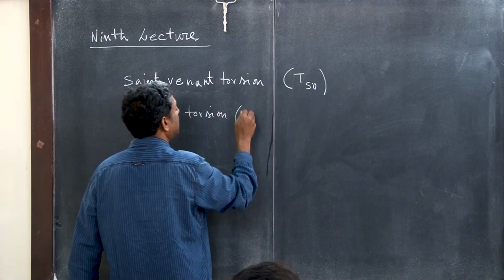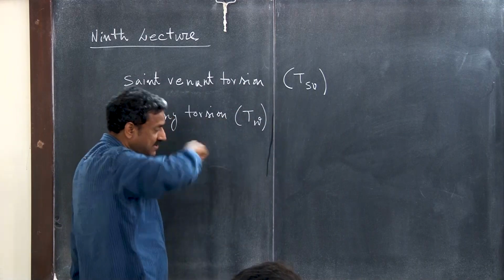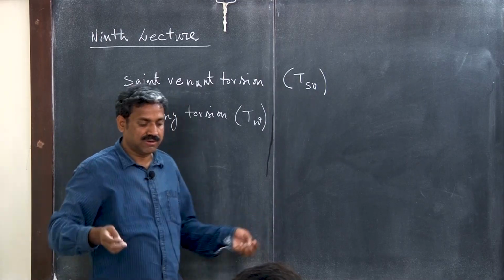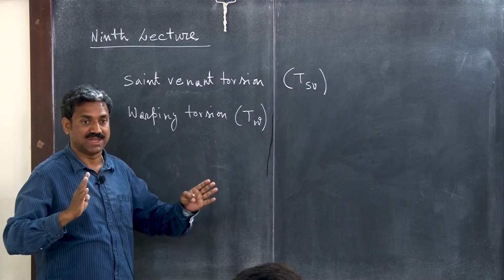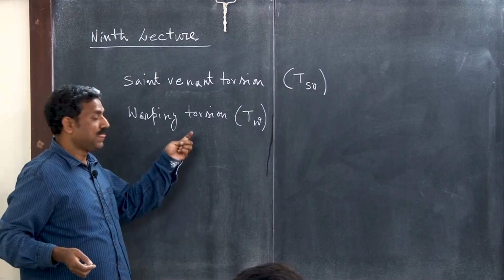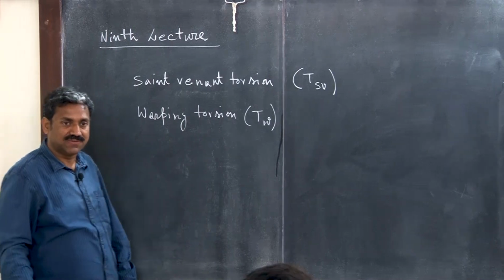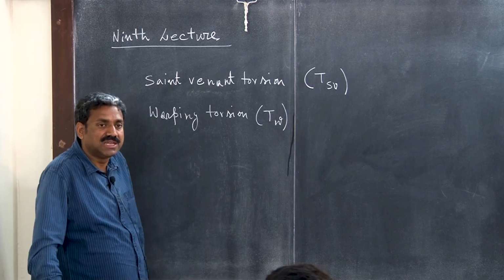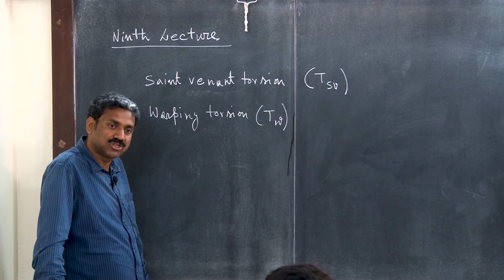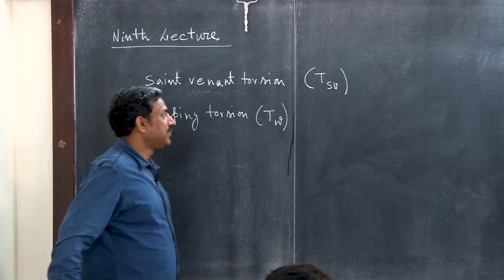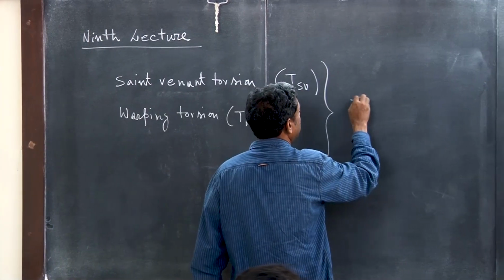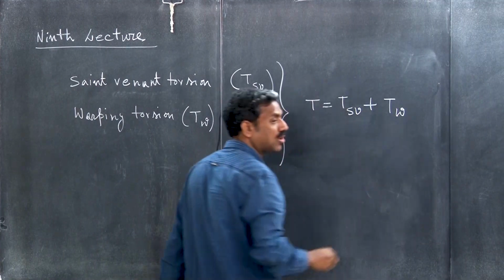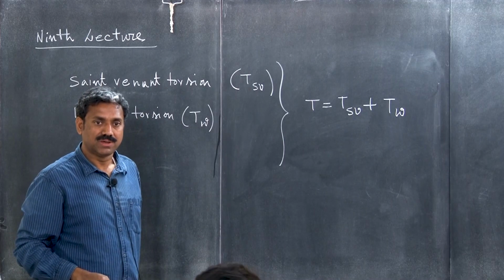The torque will be resisted by two components: one by shear stresses, and another one, whenever warping is resisted. For example, if you take a cross section and prevent warping out of plane, this will induce axial stresses in the fiber. So in addition to shear stresses, there will be axial stresses also. The total torque will be resisted by one Saint-Venant component and another warping torsion component.